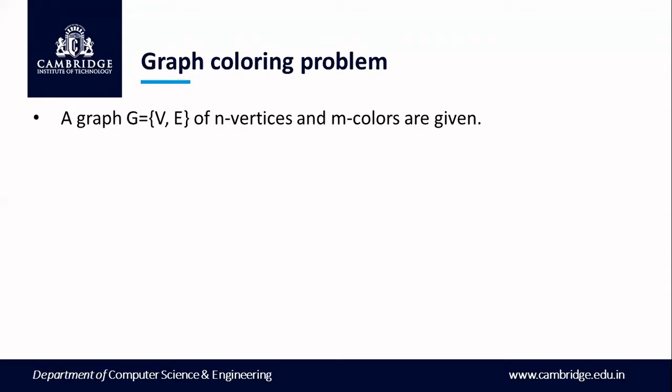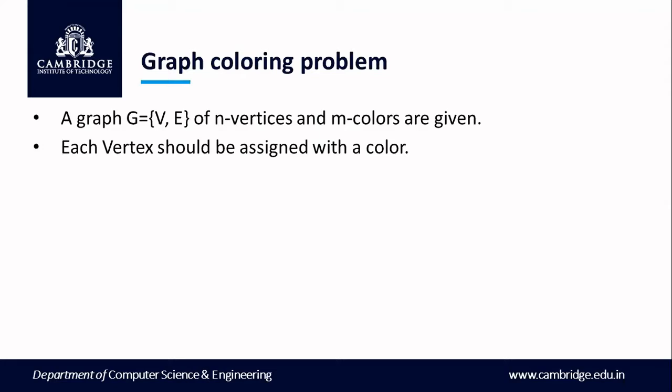It can have n number of vertices, and there are m number of colors given, where you need to paint the vertices with these colors. That is, each vertex should be assigned a color or painted with a color.